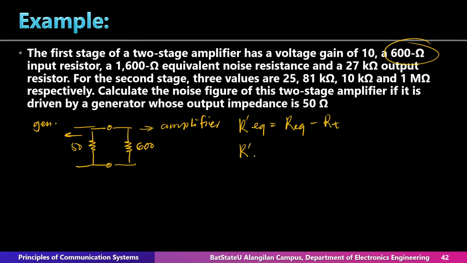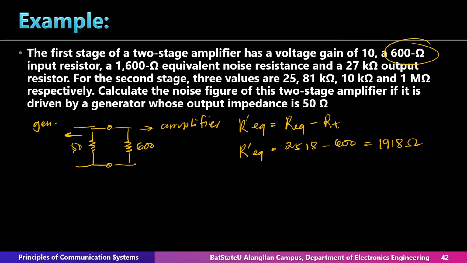R prime equivalent is ito yung 2518 kanina minus magkano ang ima-minus ko? 600. So this is how much? 1918 ohms. Okay.